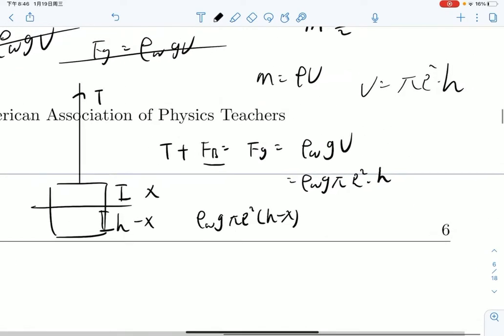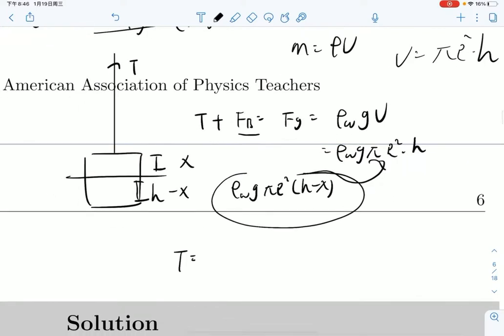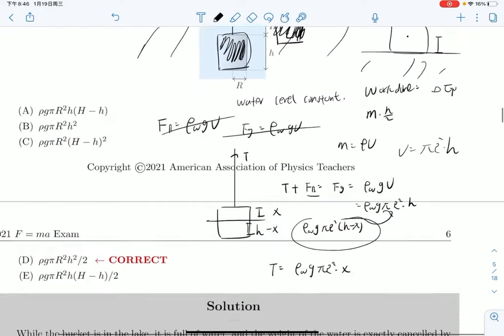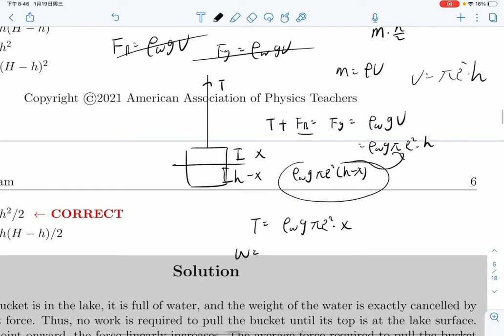If you move that to that side, you get T is equal to rho water g pi r squared times x. And the definition of work is T dx.